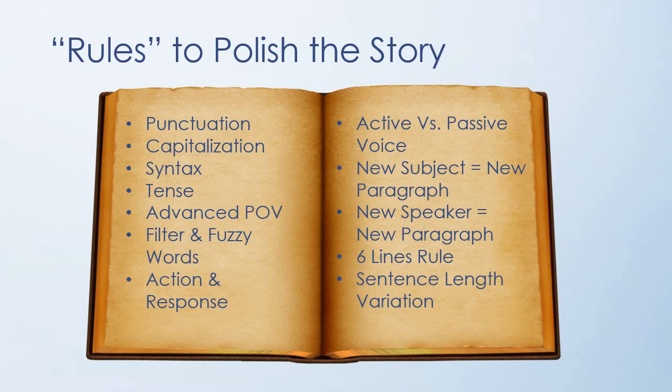Seems is another one. You want to make sure you have actual concrete descriptions there. And this is also probably when you're going to go through your attributions: he said, she said, murmured, growled, muttered, sneered, snarled, yelled, things like that.